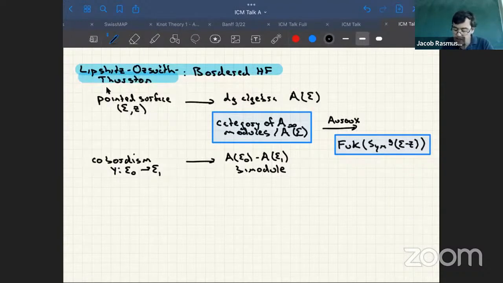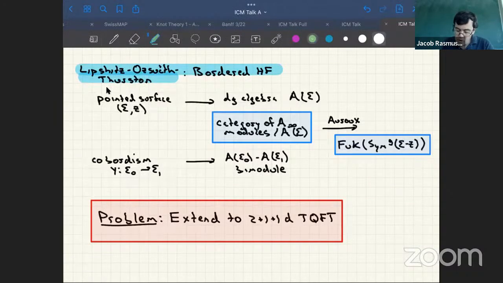So a very nice observation of Roux is that actually this category of A infinity modules over A of sigma has another name. It's the Fukaya category of the g-symmetric product of the surface sigma minus this point z. Okay, and that's unsurprising, really, if you know the definition of HF hat, but nonetheless quite beautiful.